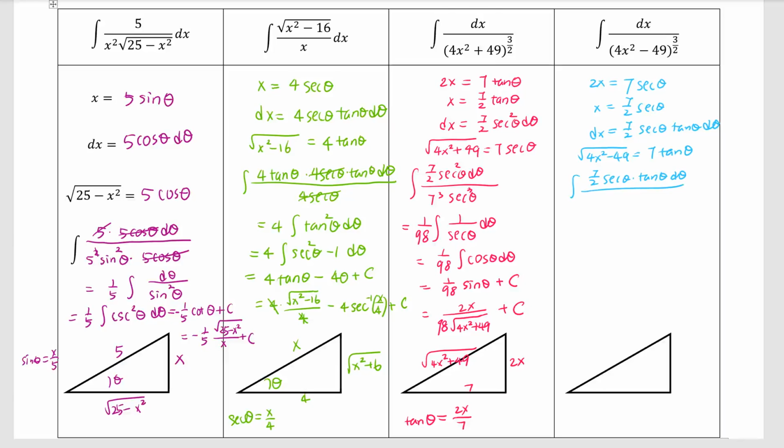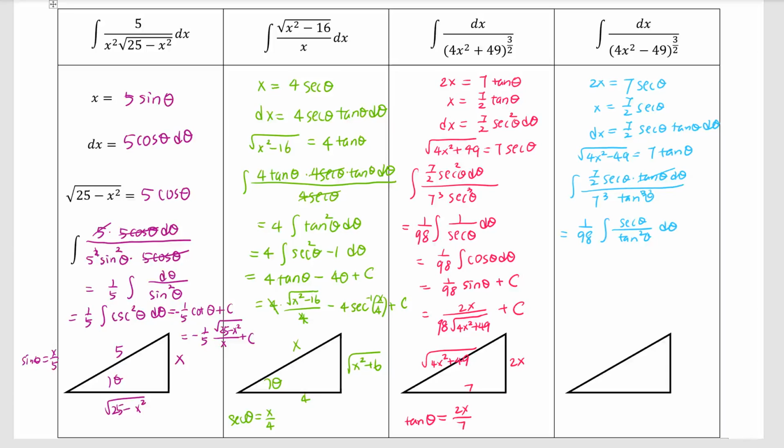The square root term is 7 tangent theta. The denominator is like a square root term cubed, so 7 cubed tangent theta cubed. So 7 and 7 cubed cancel, leaving 7 squared in the denominator, and the 2 in the denominator, so still 1 over 98. Then with tangent cubed and one tangent from dx, we have secant theta over tangent squared.